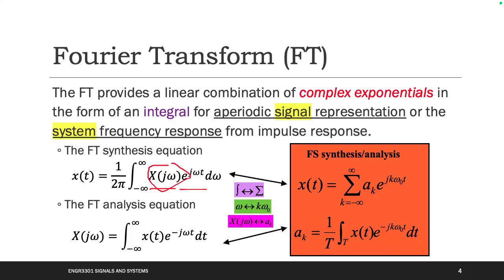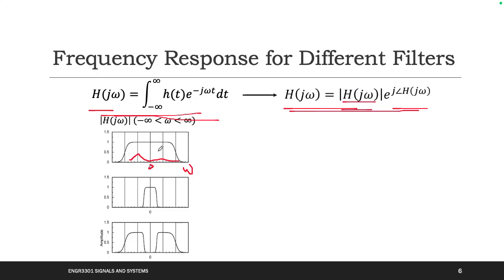What does that mean? Which means this one is a what? A low frequency filter. That makes sense to you? Yeah, because you can see only the low frequency has a value, has a coefficient. That makes sense to you? Any question? How about this one?